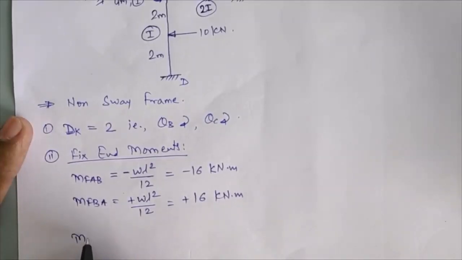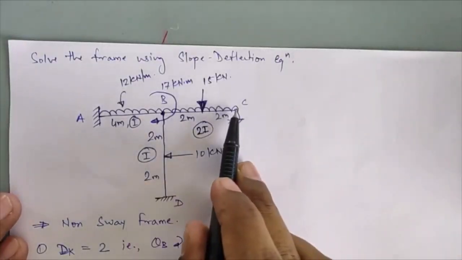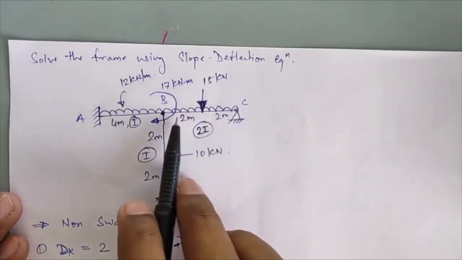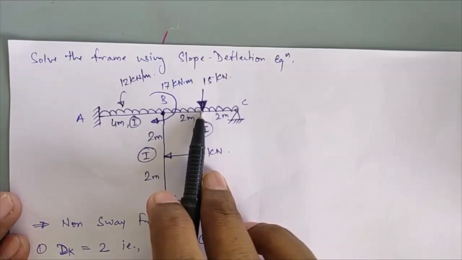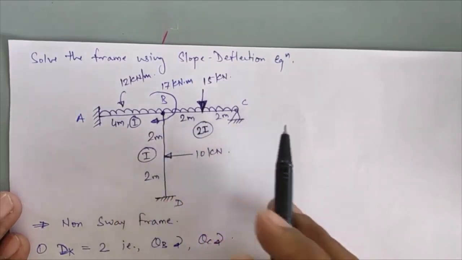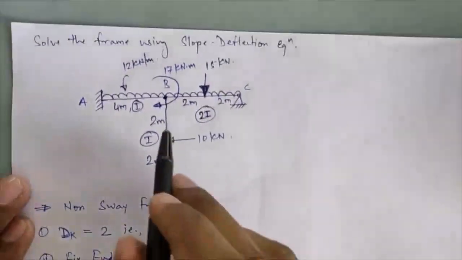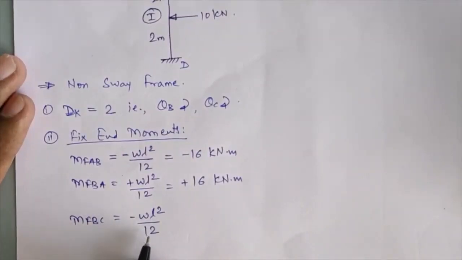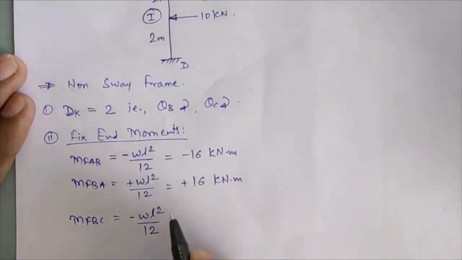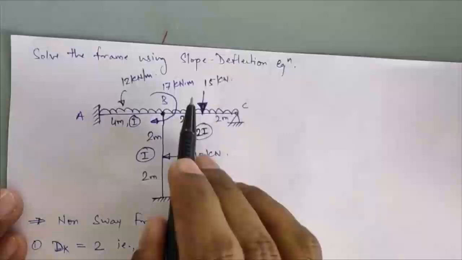Next, MF BC: we will proceed to span BC. Again both joints will be fixed. Now, UDL is acting here, and a point load is also acting at the center. How will we calculate this? For the UDL you get minus WL square by 12, for span BC. So MF BC will be minus WL square by 12 for the UDL, minus WL divided by 8 for the point load.